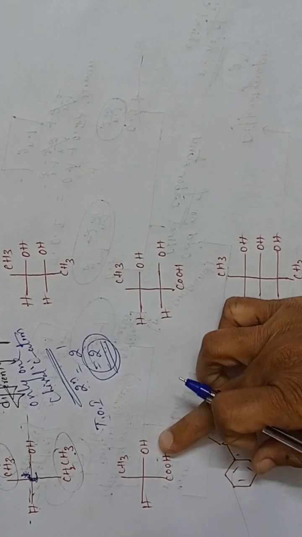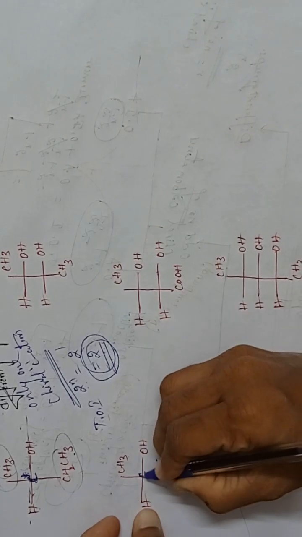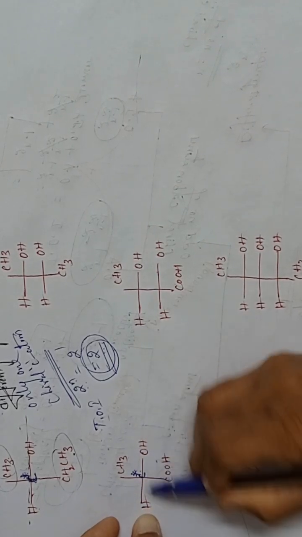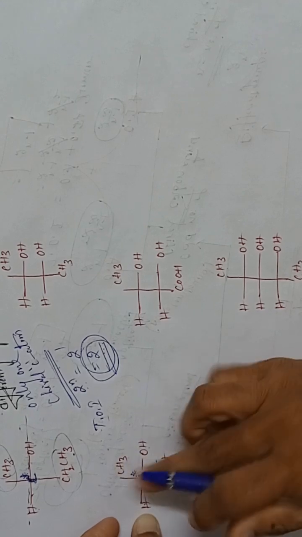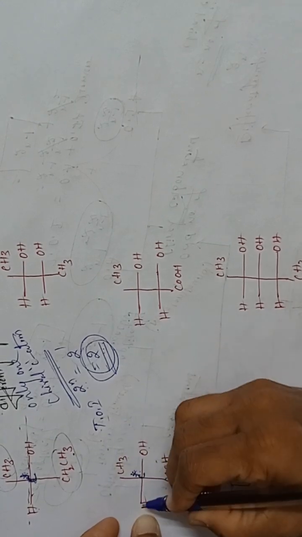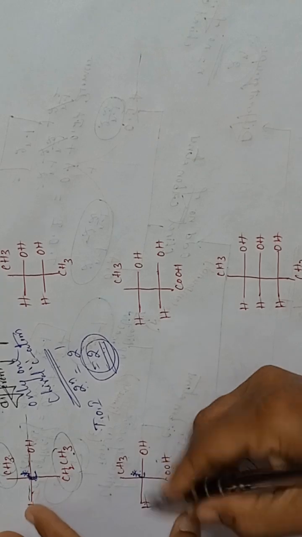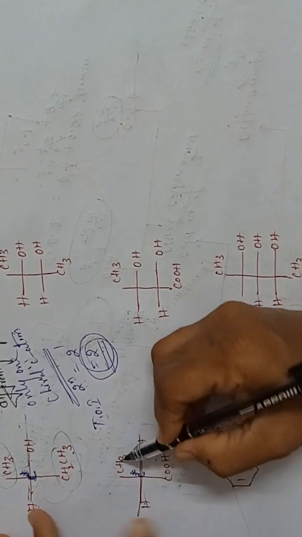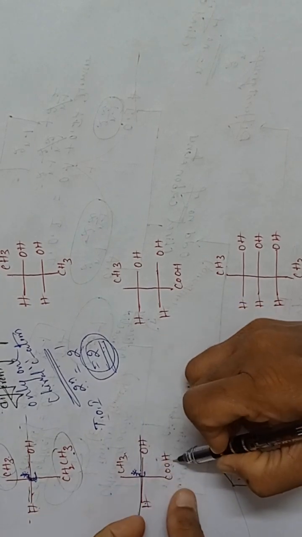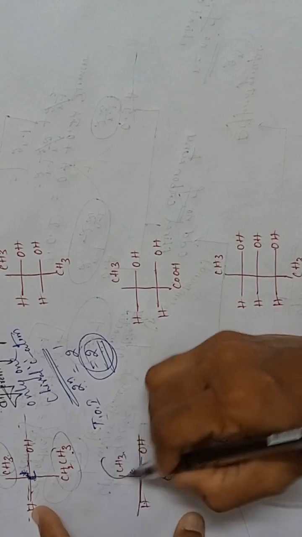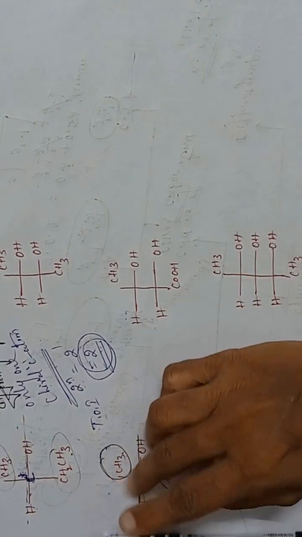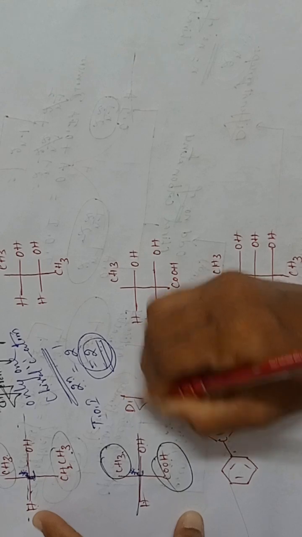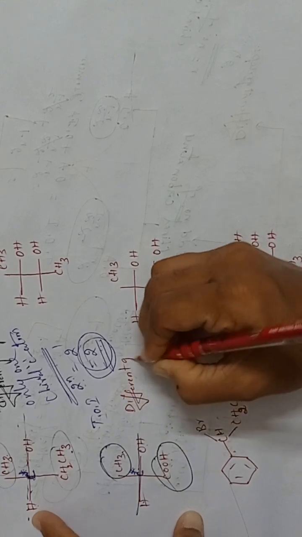Now see this example. This is the chiral carbon, because it is surrounded by four different groups: H, CH3, OH, COOH. Now divide this compound into two parts: up CH3, down COOH. Different groups are there, so this is also a case of different groups.